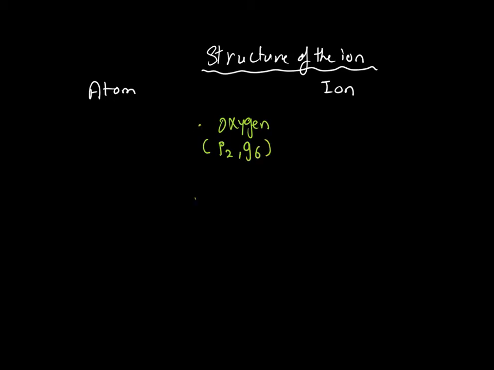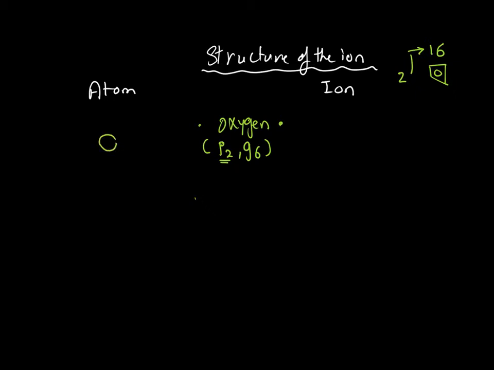If it's in period 2 and group 6, this means that this element has 2 shells, because, as per the previous video, the period number equals the number of shells. The element oxygen lies in group 16 or 6 and in period 2. Here is oxygen. So it has 2 shells full of electrons.